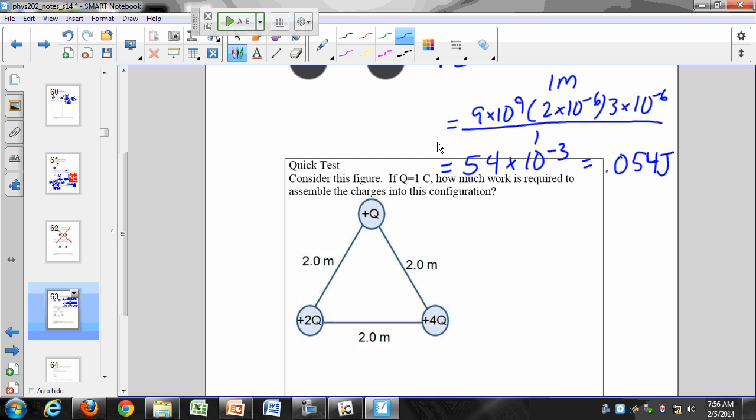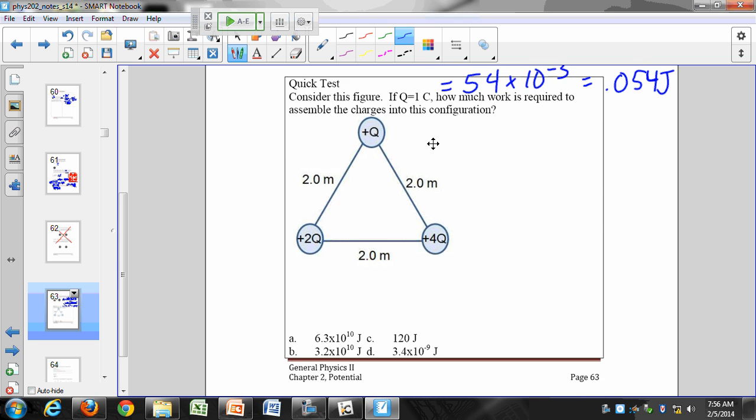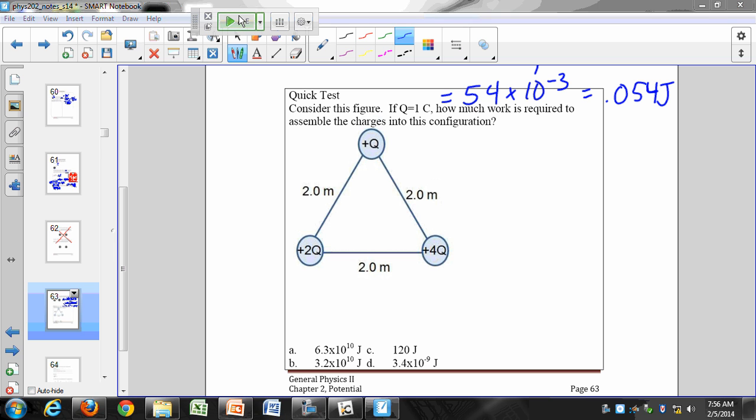You can go down. Remember, I do this funny thing. So this is 1 coulomb, 2 coulombs, and 4 coulombs. Those charges.